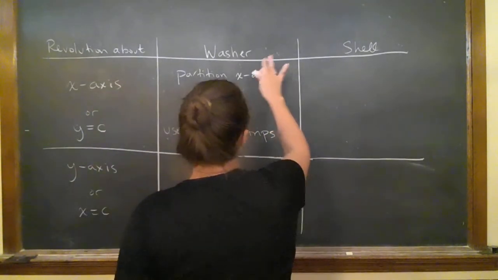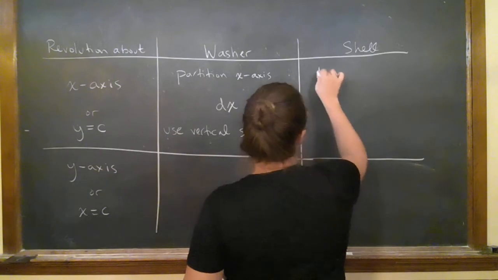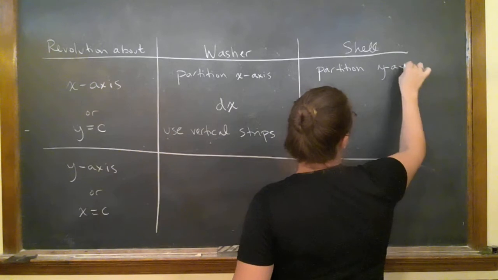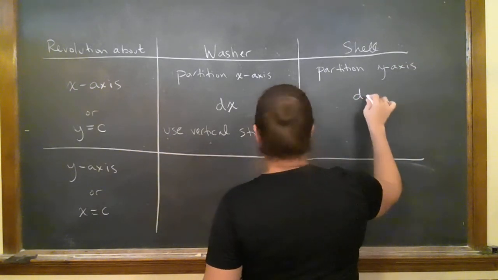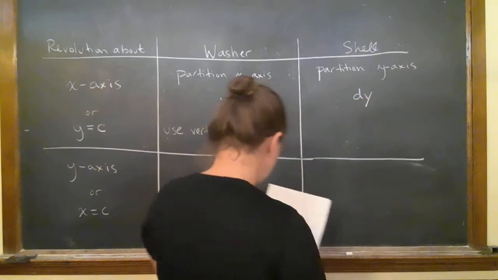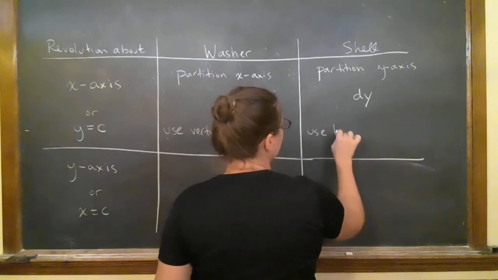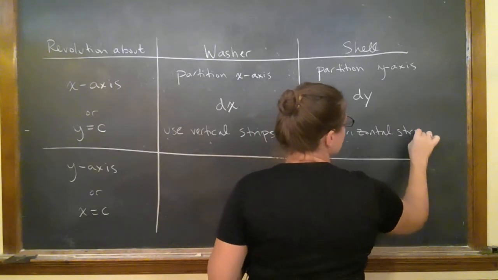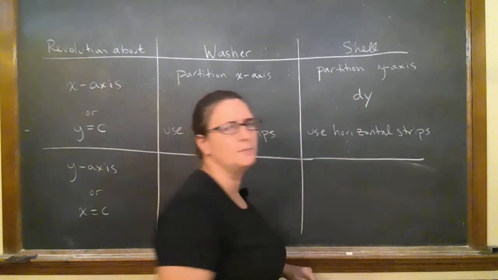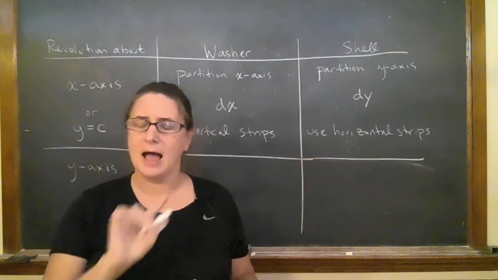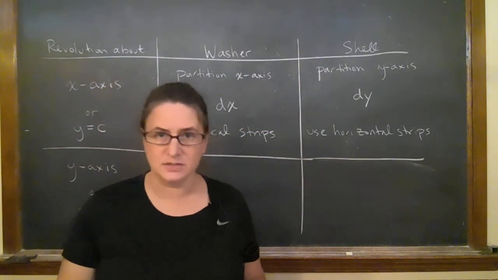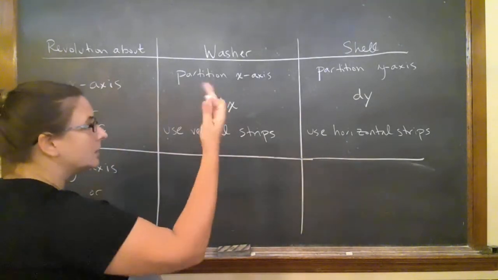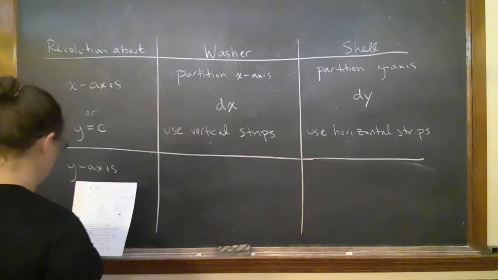Whereas for our shell method, like the one we just did, you are actually partitioning the y-axis. So you're integrating with respect to dy. And that ends up being horizontal strips. If you look at those examples, the two where they showed you how it goes around the dx versus the dy for the washers and the shells, you'll see that in one it's one way and in the other it's the other way.